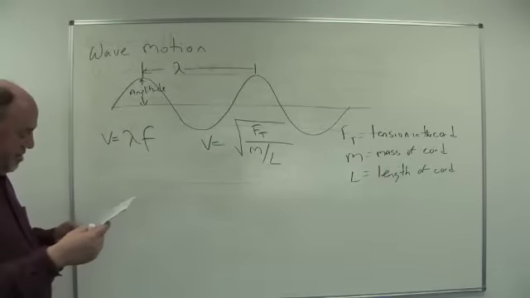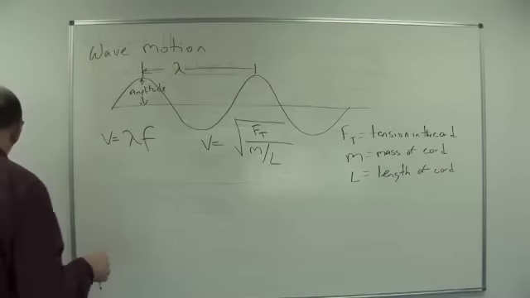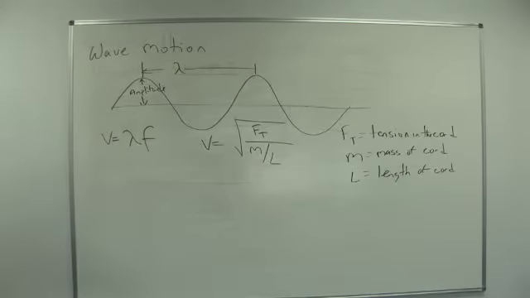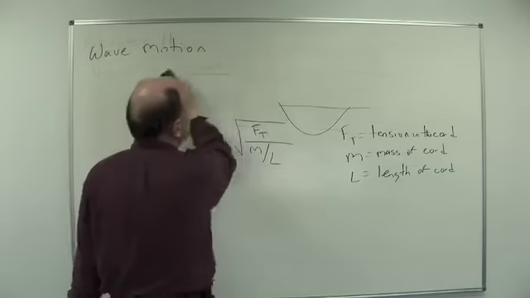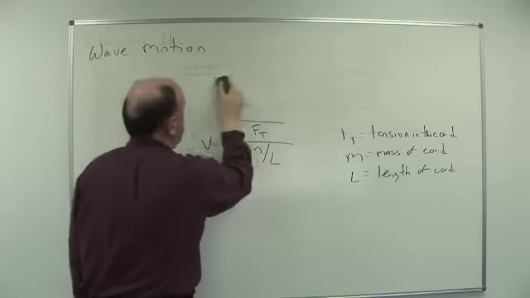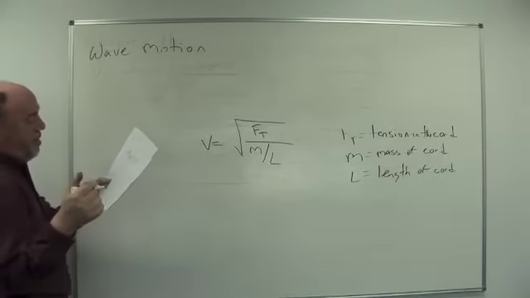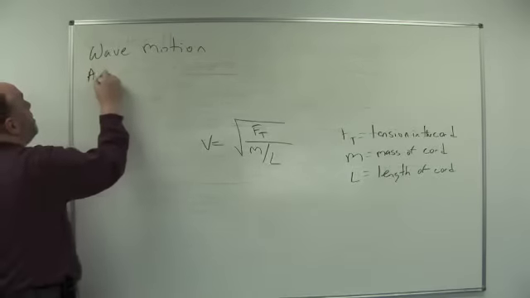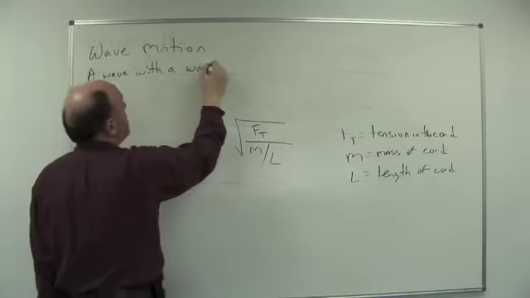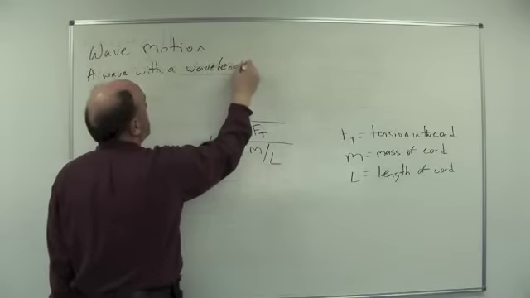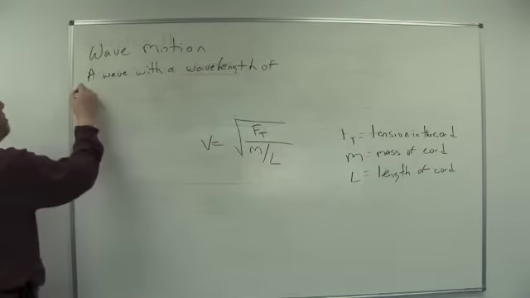And so we're going to make use of this equation and go through a problem and solve it for what would be the velocity. We'll leave that equation there and get rid of some of this. And so we look in terms of this problem. You have a wave with a wavelength of 0.25 meters.